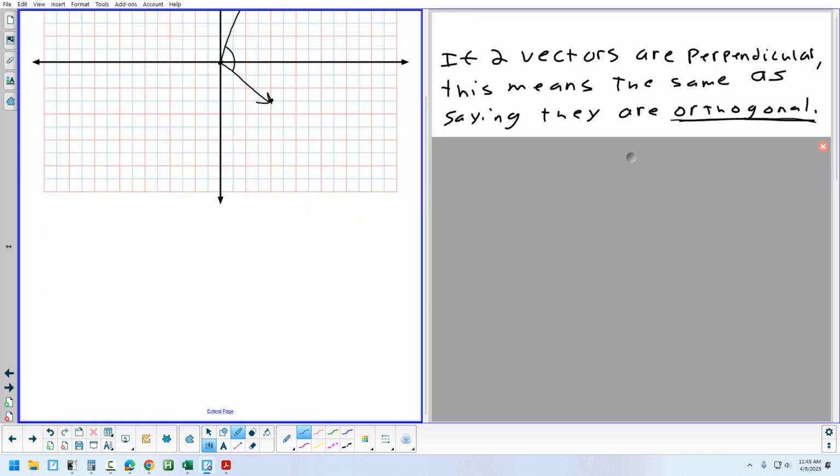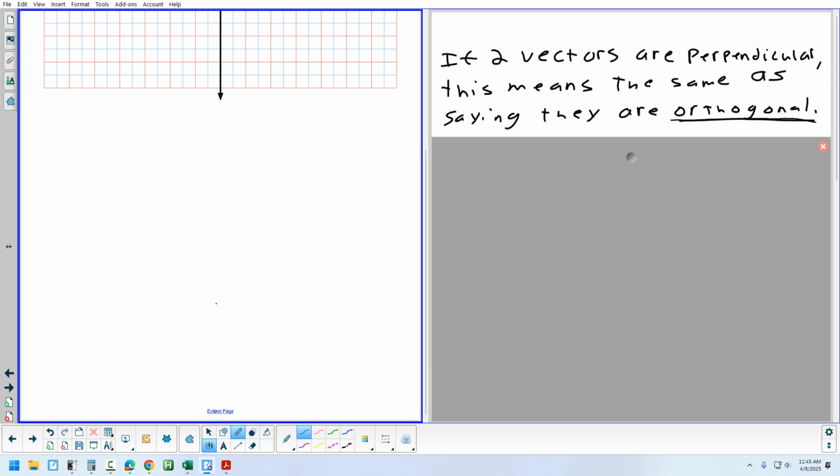So let's think about that for a second. Your formula to find an angle is the dot product over the product of the magnitudes. Let's say that you already knew the angle was 90 degrees. Let's fill in a 90 right here.